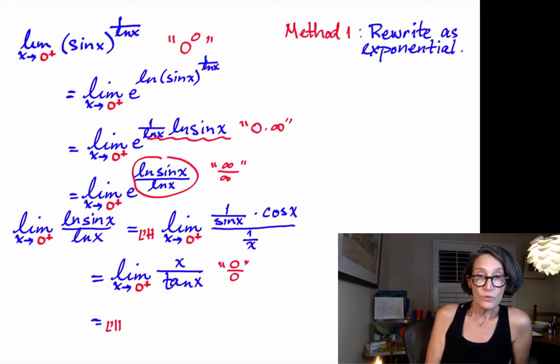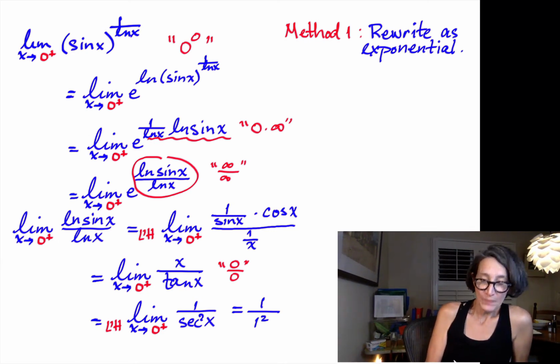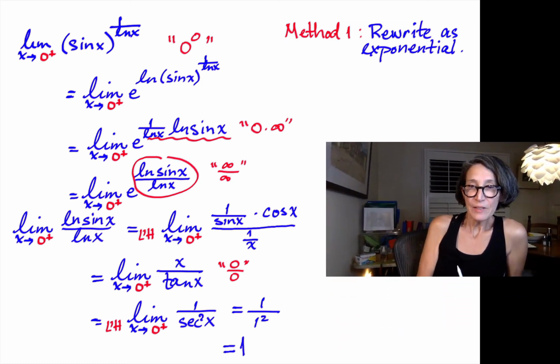So L'Hospital's rule says that this is equal to the limit as x approaches 0 from the right of the derivative of x over the derivative of tangent of x. And now, if we plug in 0, we just get 1 over 1 squared, because the secant of 0 is 1 over the cosine of 0, so it's just 1. And so that limit is 1.